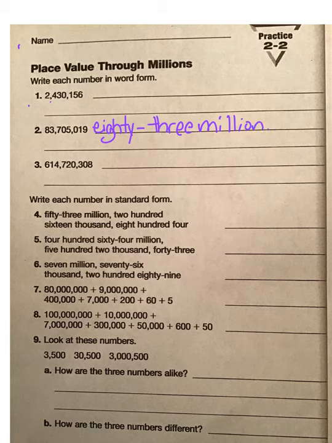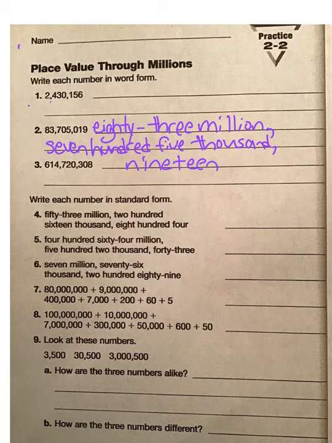So 83 million 705. We get to a comma, so we say thousand. 19, making our answer 83,705,019.